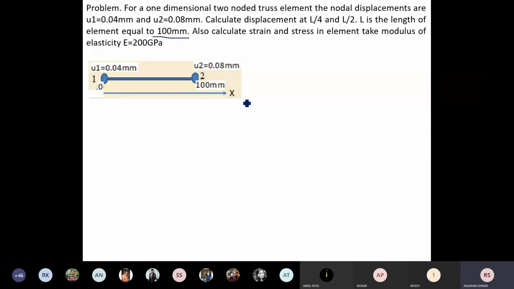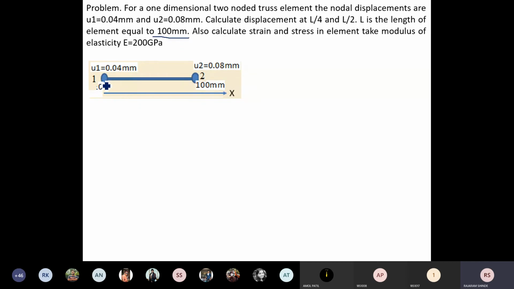That means they have modified the equation of the shape function also by taking first node at origin, that is ith node at origin. But we have taken xi as a general nodal coordinate of i node or first node. Here length is given, so we will assume the first node at origin.